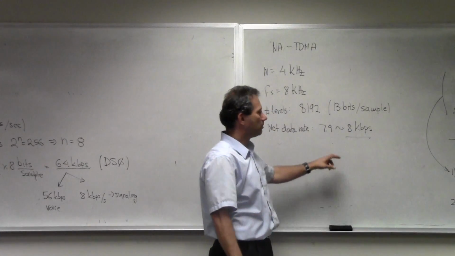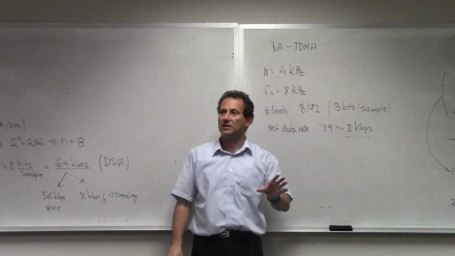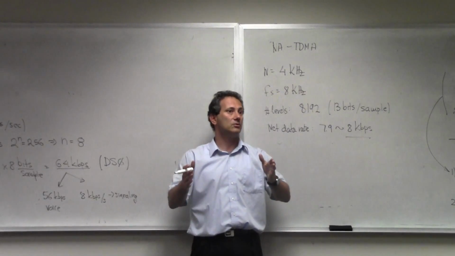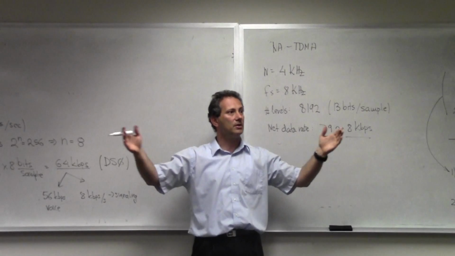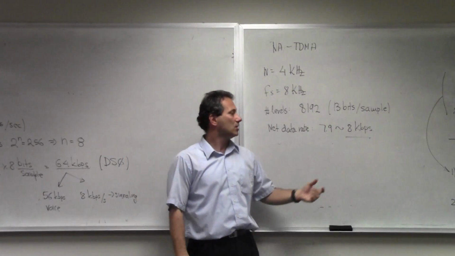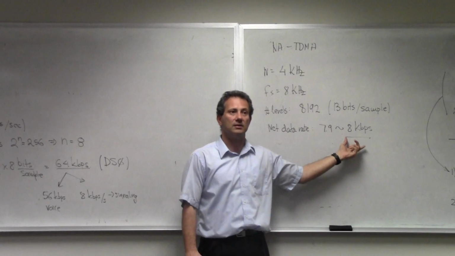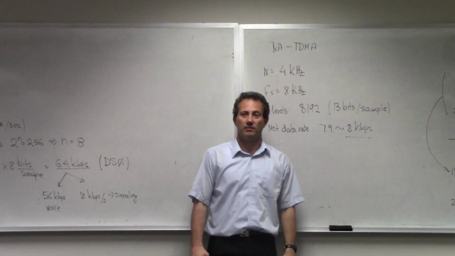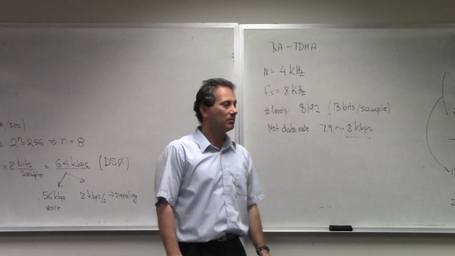This is extremely important in wireless because the data rate translates directly into the bandwidth that you occupy, and since your spectrum is limited, it determines how many users you can serve simultaneously. So if you can shrink the data rate required to represent the signal, you can make more money because you can have more users utilizing a particular channel.